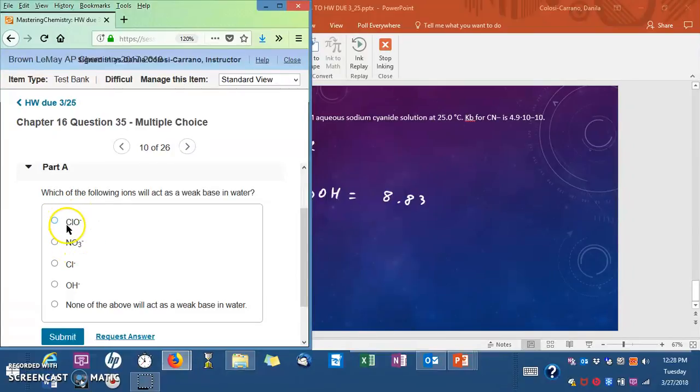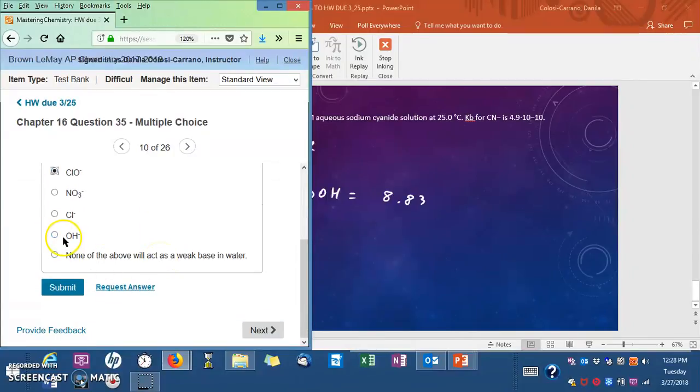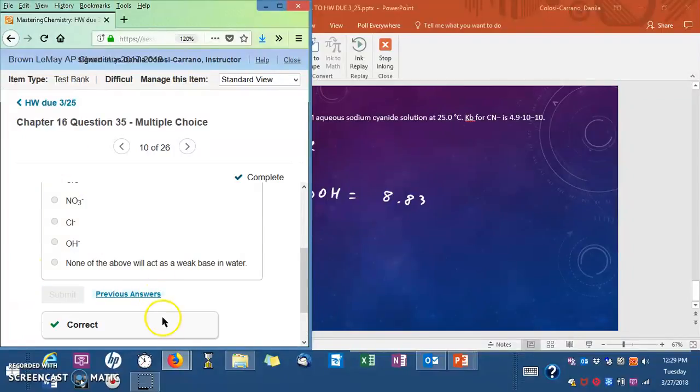ClO minus is not strong, because the strong ones are ClO4, ClO3, and Cl, so this one will take some H, therefore releasing some OH in water. And the OH, compared to those, I don't think is strong enough; if you grab the H, you will just form water.